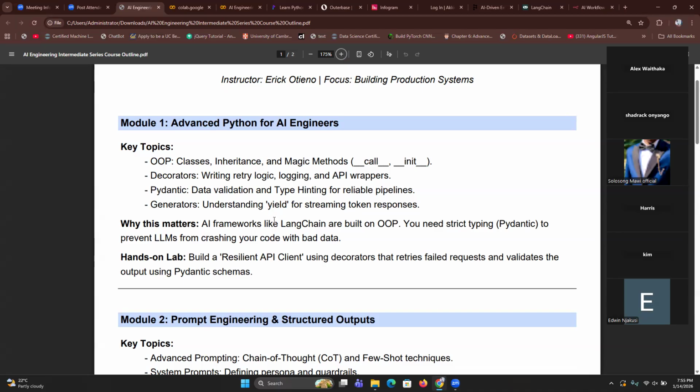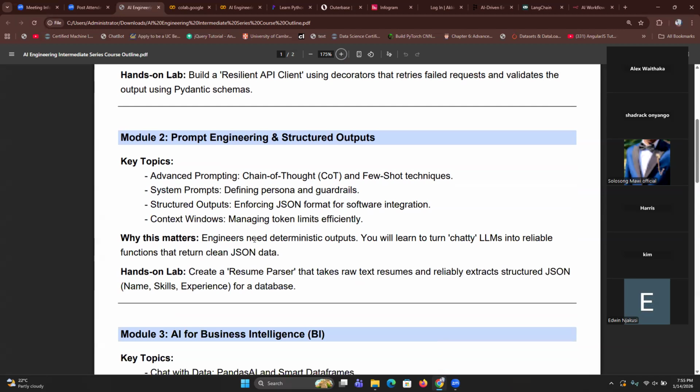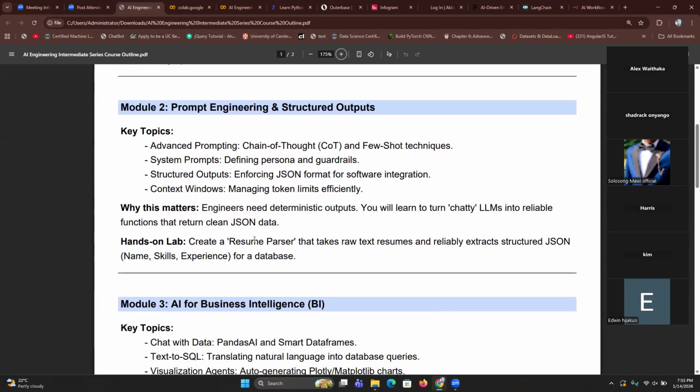From there, we are going to have a very, very interesting module 2, which is actually prompt engineering. One thing we have to agree on is that artificial intelligence is already here. People are already using AI. Different companies are trying as much as possible to integrate artificial intelligence into their operations.